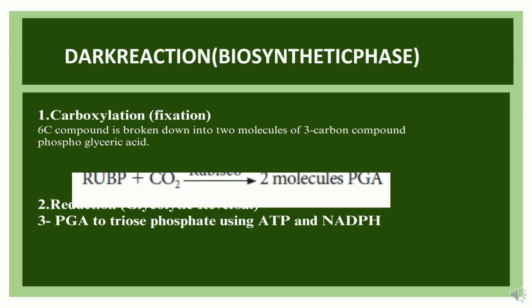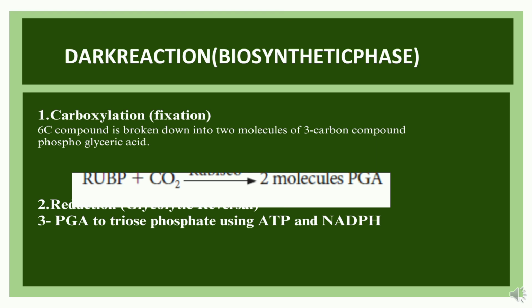In the next step, reduction, the phosphoglyceric acid is phosphorylated in the presence of ATP, producing 1,3 bisphosphoglyceric acid by the enzyme phosphoglyceric acid kinase. Then the 1,3 bisphosphoglyceric acid is again reduced to glyceraldehyde 3-phosphate by using the power of NADPH. Finally, triose phosphate is formed.